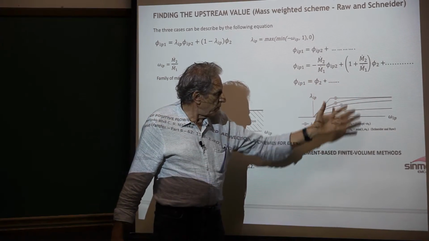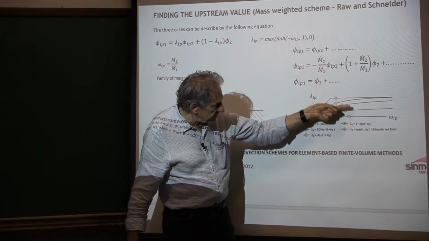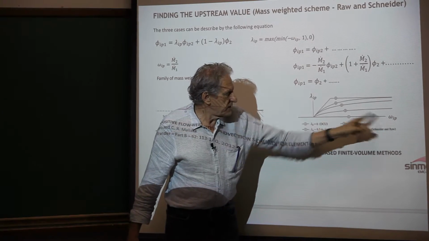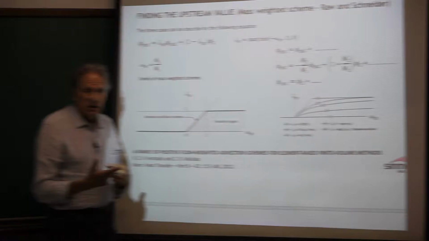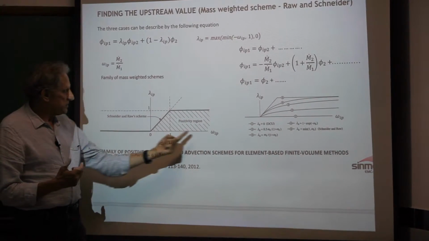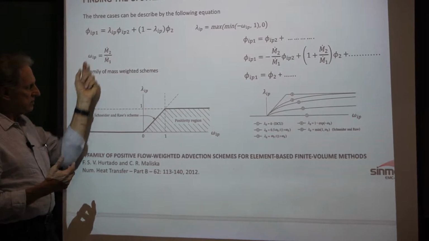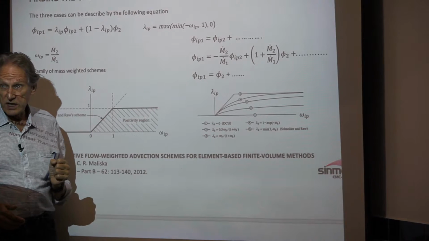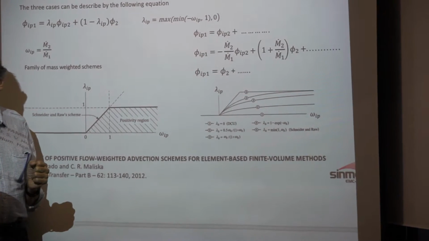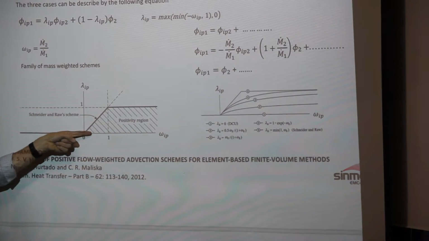There is a little picture here, and how you choose different schemes here is based on the way you express this omega, which is based on this relation. So there are 5 schemes studied here. One is the pure upstream, which is this line.